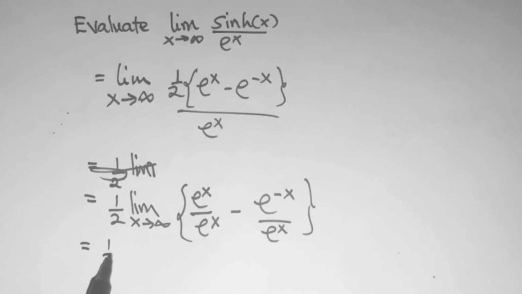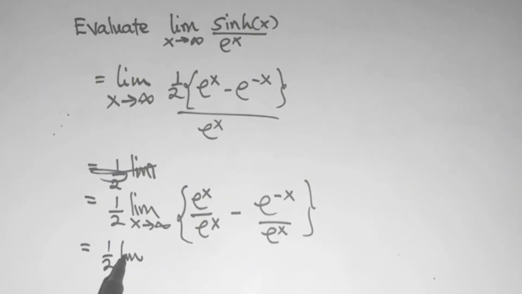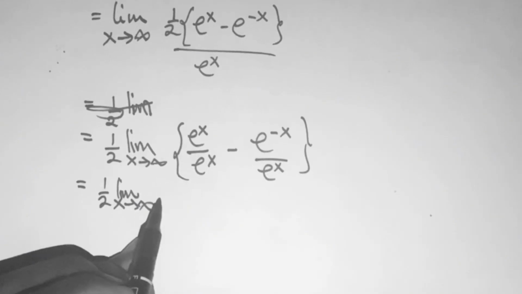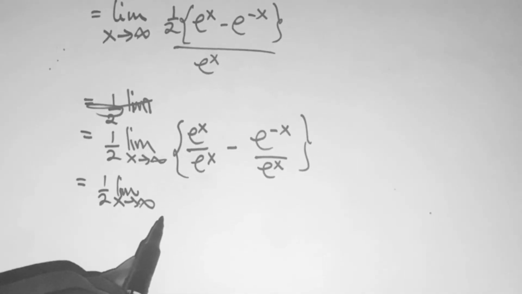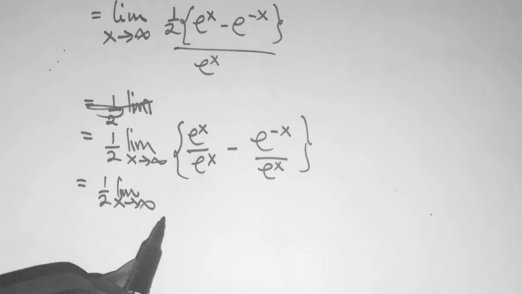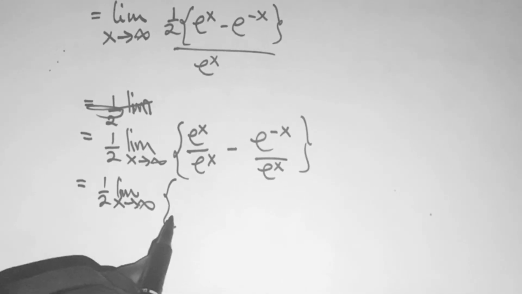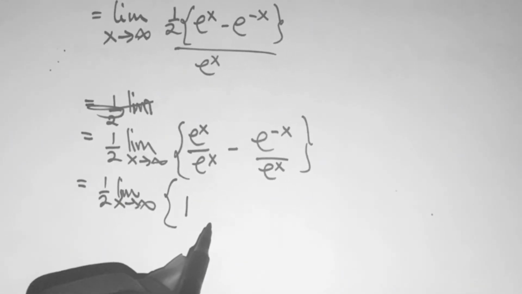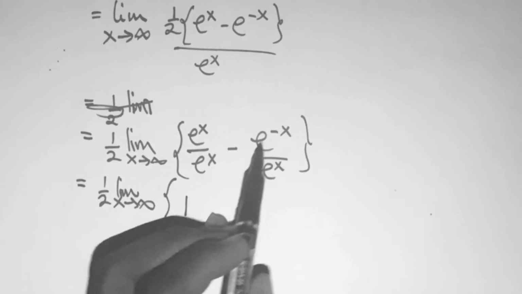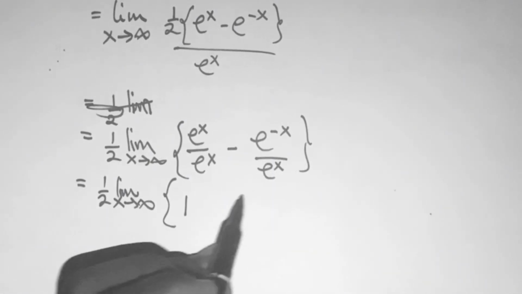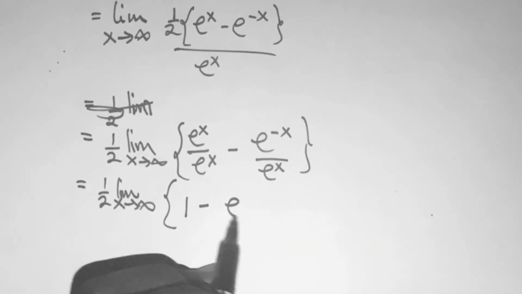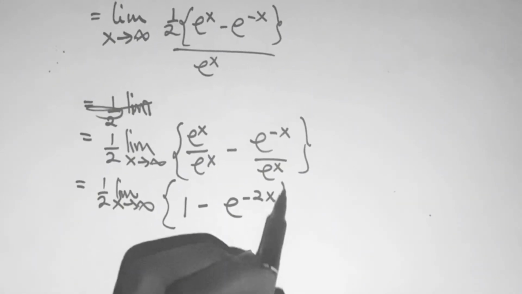So this is equal to half of the limit as x approaches infinity. Now, e to the x divided by e to the x is 1. So here becomes 1. Then e to the minus x divided by e to the x becomes minus e to the minus 2x.